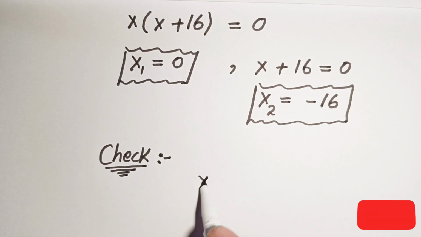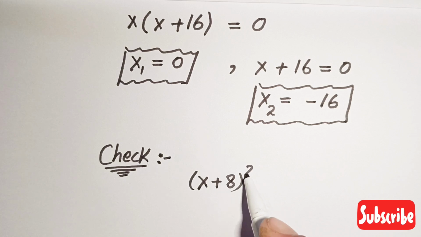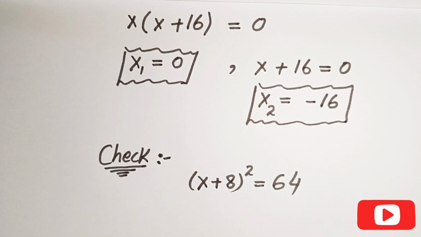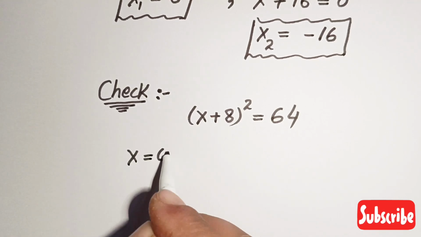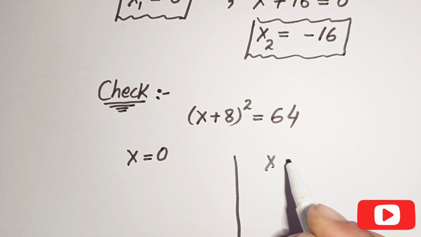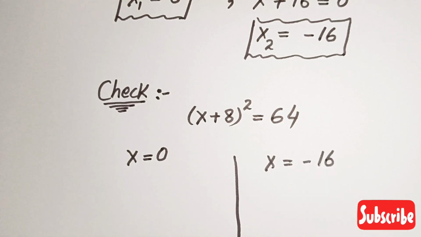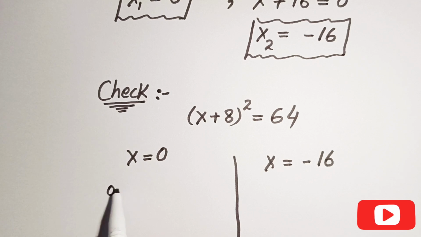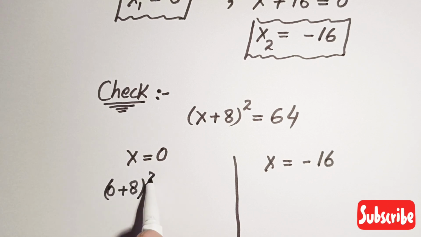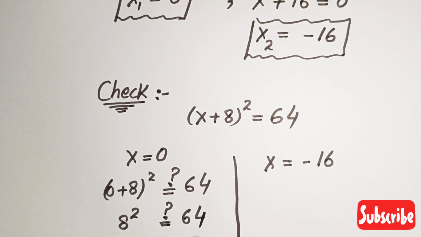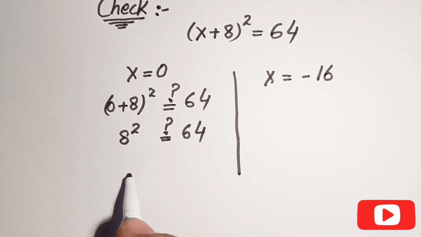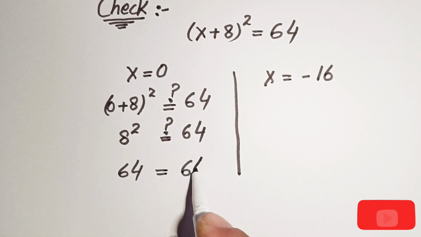For this purpose we have to recall our problem, (x + 8)² = 64. Now when x = 0 we put this value here: (0 + 8)² is equal to 64, so 8² = 64. So 64 = 64.